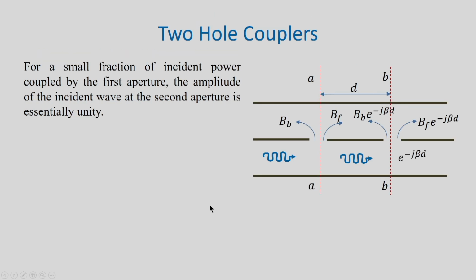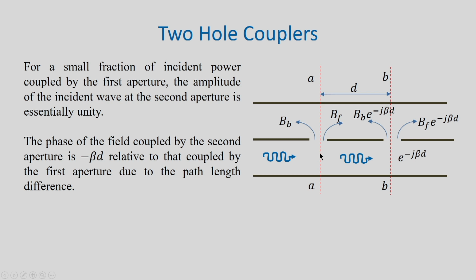So, we assume that this first aperture couples only a very small fraction of the incident power. So, what happens essentially, when the wave reaches the second aperture, the amplitude of the incident wave remains essentially unity.